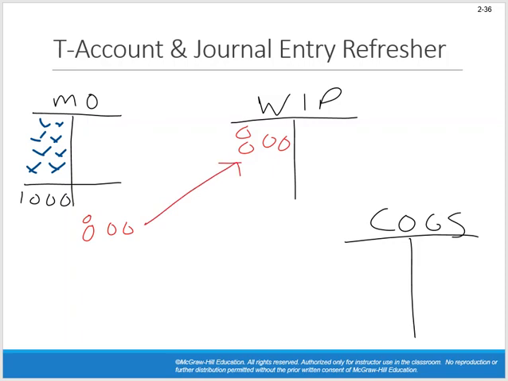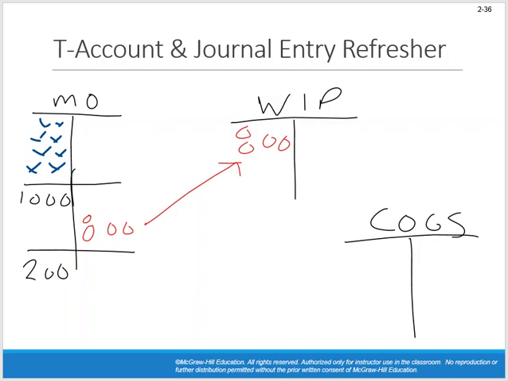So what does that leave the balance as in our MO account? We've got $200 left there. Is that okay? No, remember that MO bucket has to be totally emptied out at the end of the year. So in this case, we have underapplied our overhead. So we're going to end up making an adjustment to clean that up.